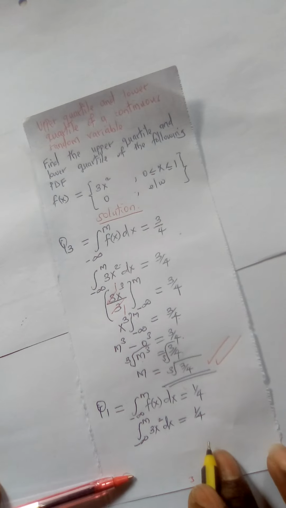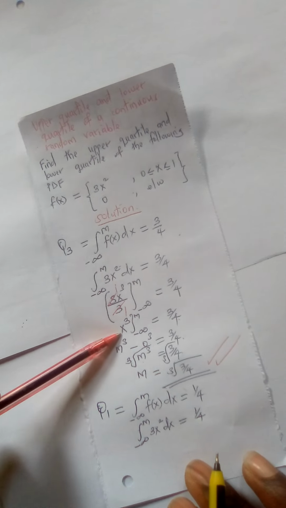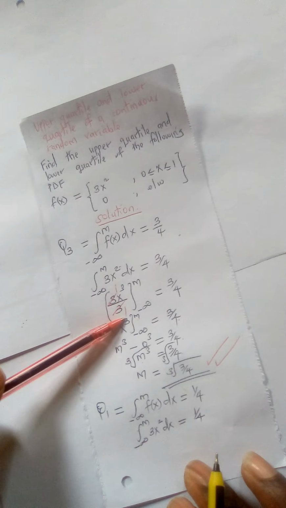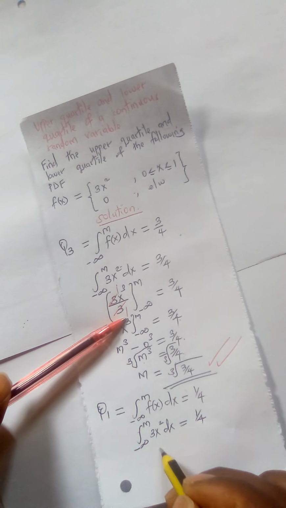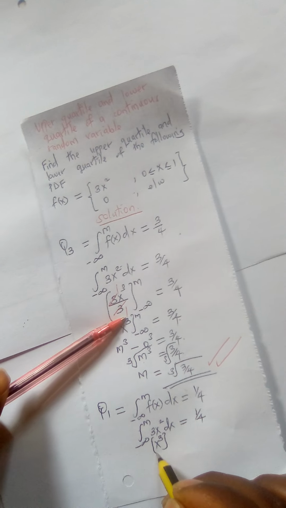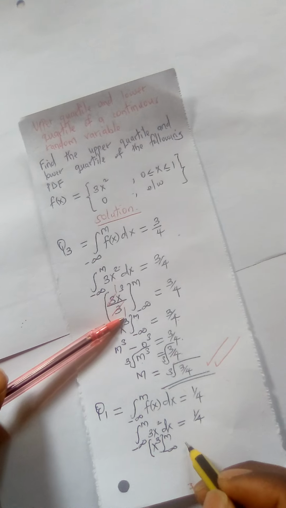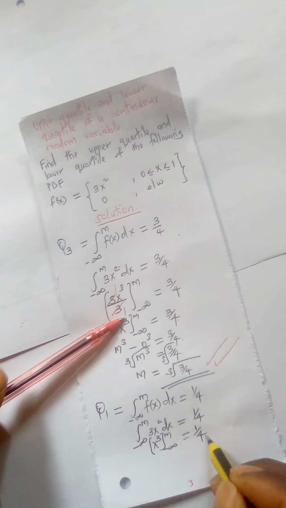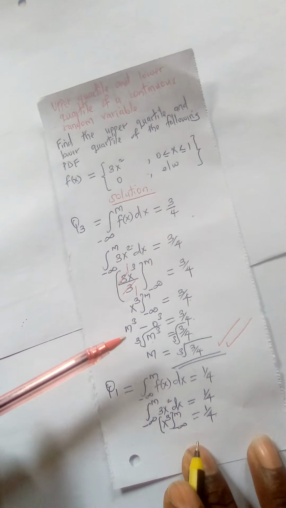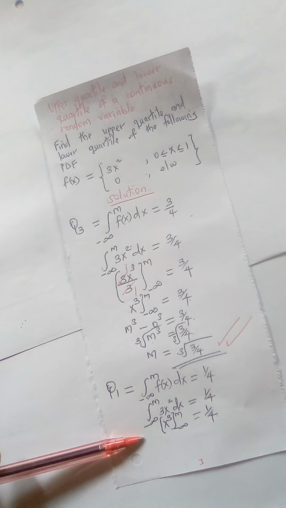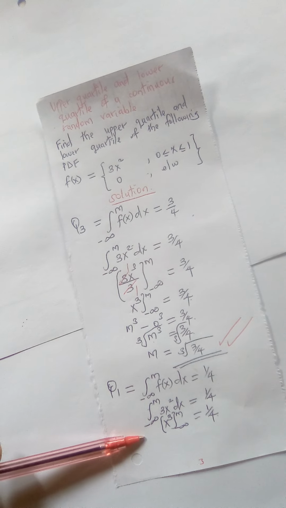Now after that, you are just required to integrate your function the same way we integrated here. And remember, by the time we integrated, we ended up having x cubed. So that's what I write. That is x cubed. Then you ensure that you write the limits. So when I write the limits, upper limit is m, lower limit is negative infinity, then equal to 1 out of 4. Now friends, after that, you just need to substitute the same way we did there.